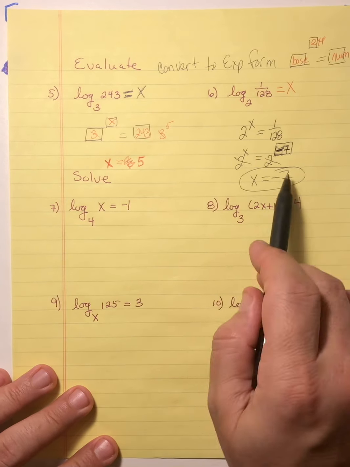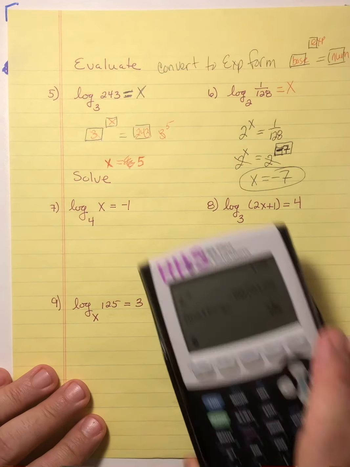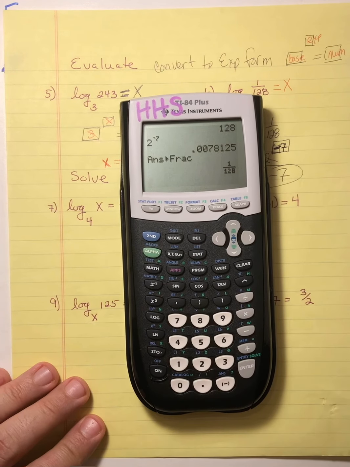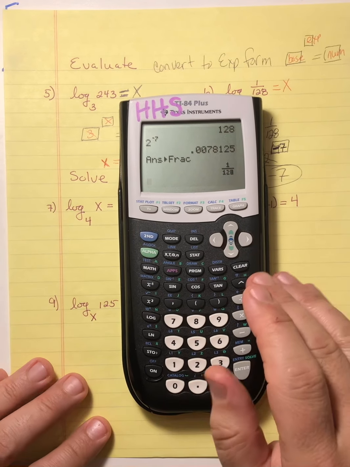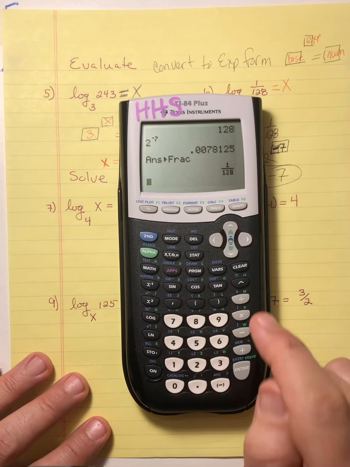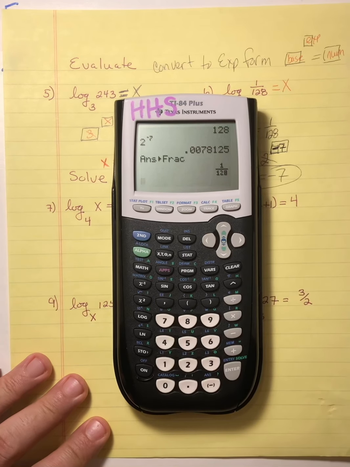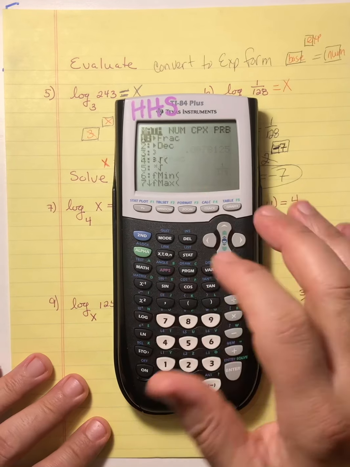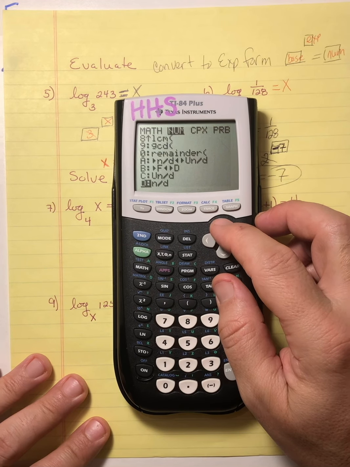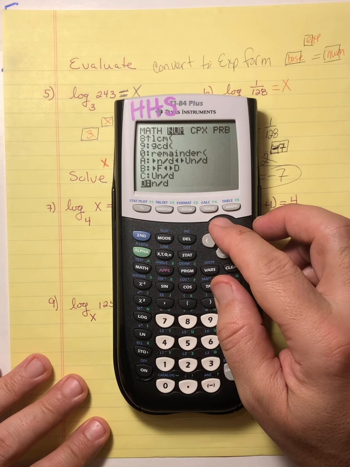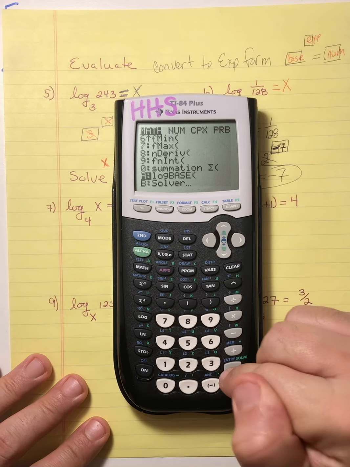So here we evaluated. All we had to do was solve these. Oh, by the way, with this nice graphing calculator, only with the new operating systems, with this 84, and for those of you that download Calculator X on your phones, you can go to Math, and it's under Log Base.